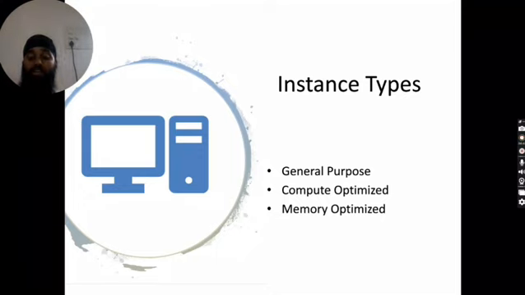Compute optimized will have high memory. It is used for large data processing, for machine learning operations, to deploy machine learning applications. Memory optimized will have high RAM. It is used for data analytics type of applications. You can use this type of instance to perform data analytics operations.